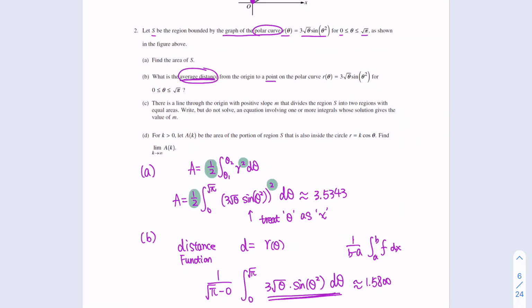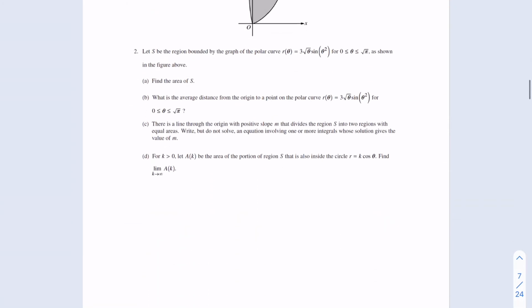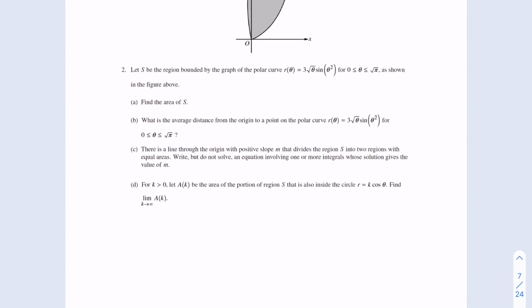So C, there is a line through the origin with positive slope m that divides the region into 2 regions with equal areas. Write but don't solve an equation involving 1 or more integrals whose solution gives you the value of m.